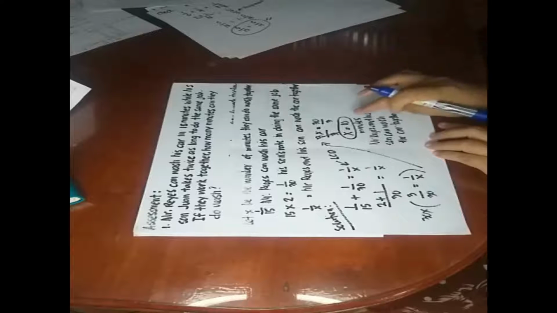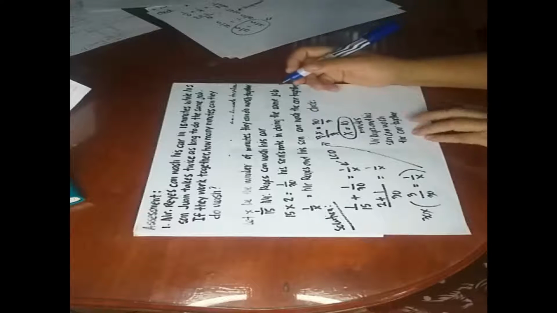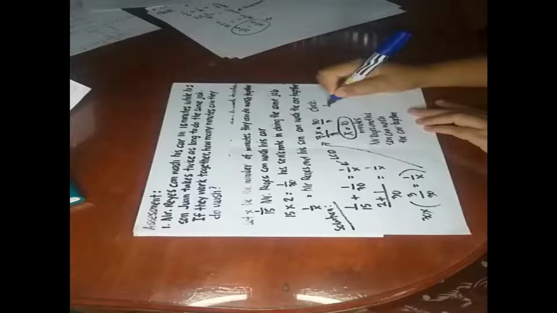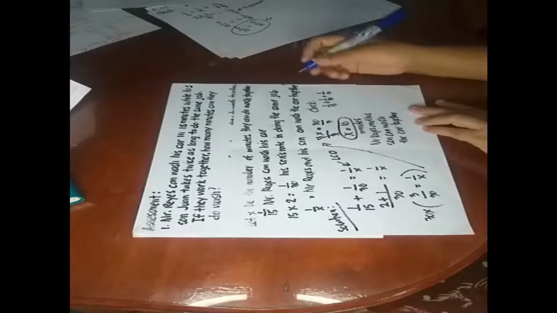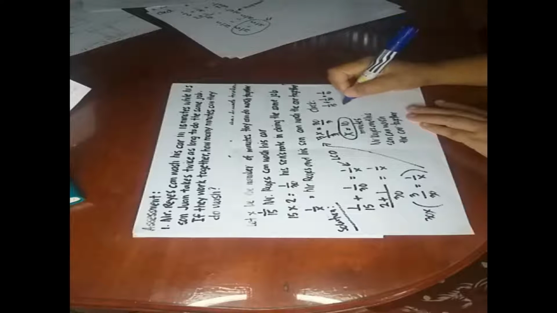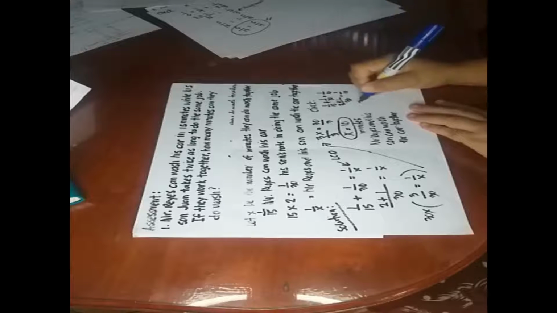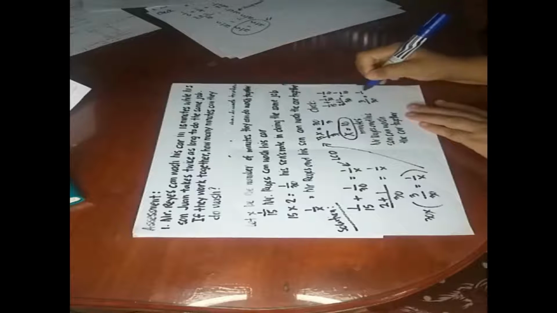To check if your answer is correct, check. So 1/15 plus 1/30 equals 1 over 10. LCD is 30. 30 divided by 15 is 2, plus 1, equals 1 over 10. 3 over 30 equals 1/10.